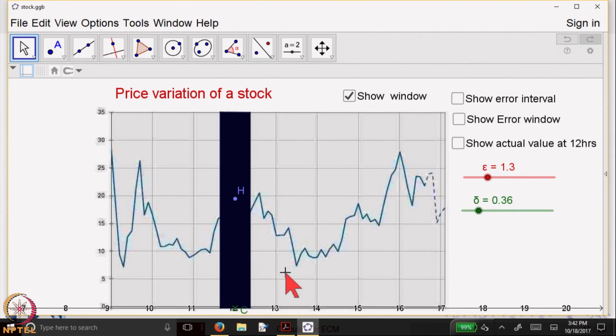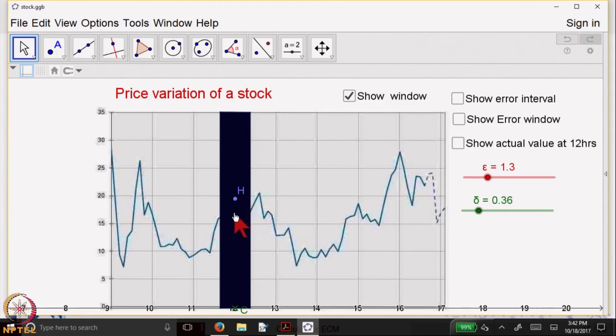Could I use my earlier scenario of saying that the average value should have been the one at the point 12? Probably here, if I look at 11:30, the price was just above 15 rupees, maybe 16, and the price at 12:30 was maybe around 17. So, probably the price should have been 16 if I take the average.